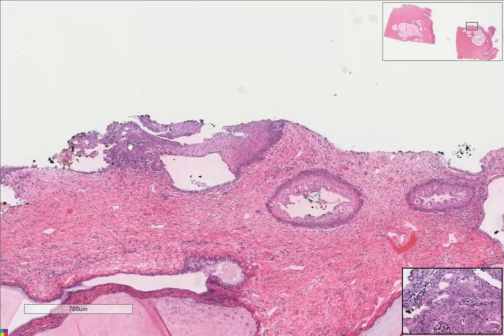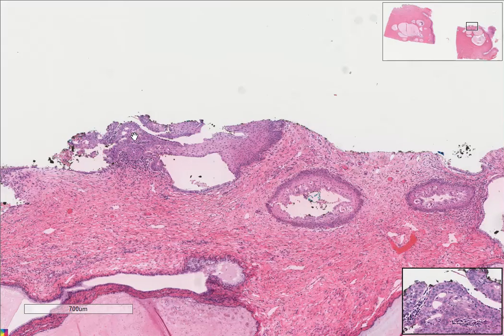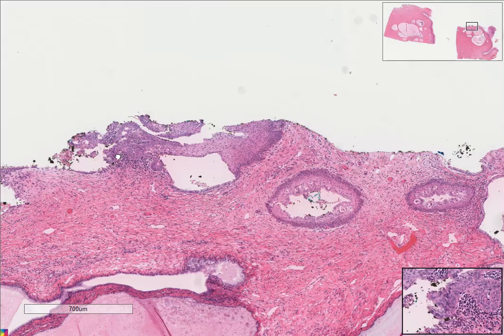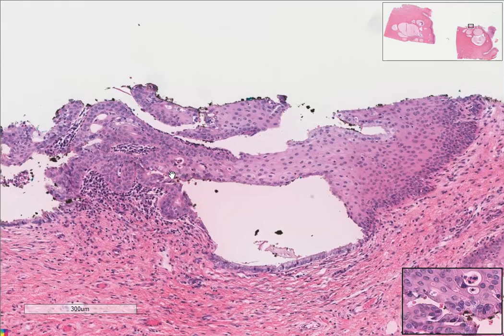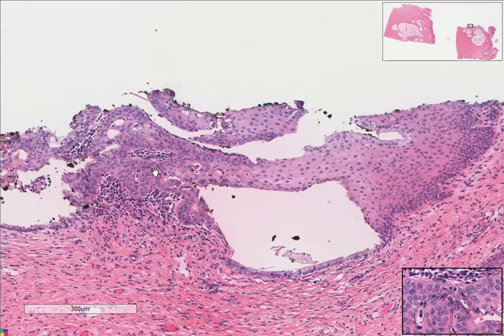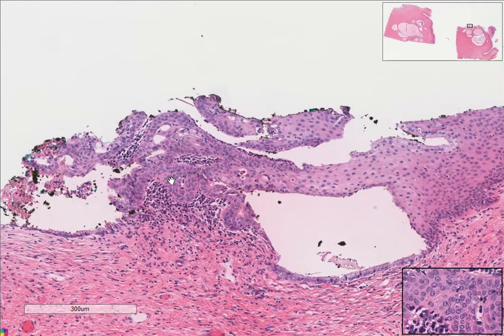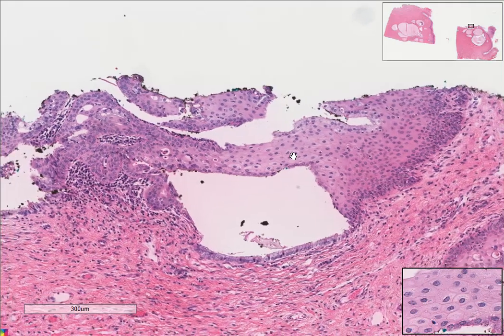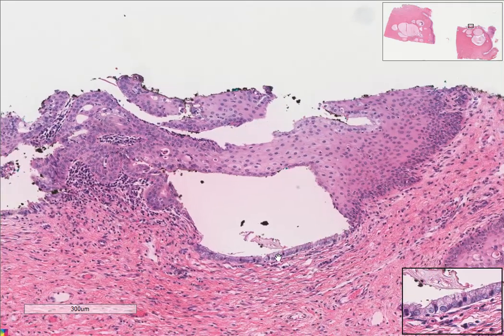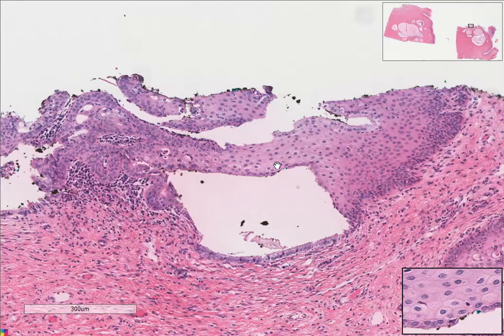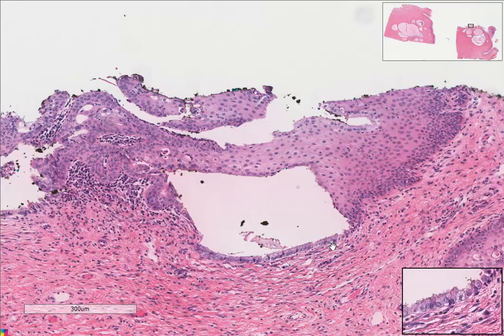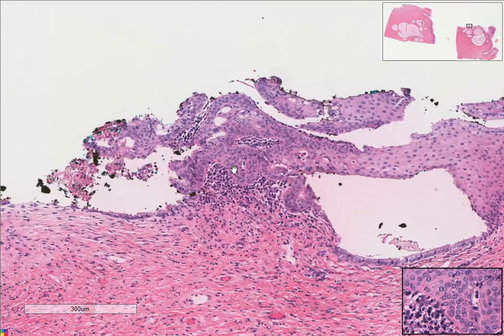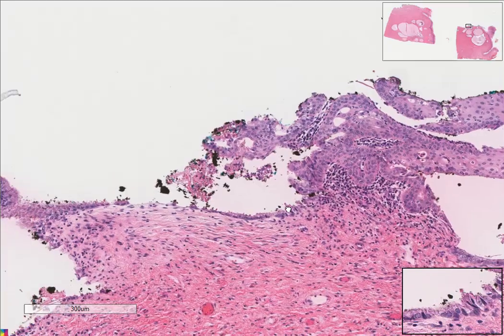And at this portion here, the squamocolumnar junction, you may find in some specimens an immature squamous metaplasia, which is within normal limits. It's a normal variant. So you can see here, there's columnar epithelium, and then the squamous cells sit on top. This is just a variant of squamous metaplasia, which is normal.